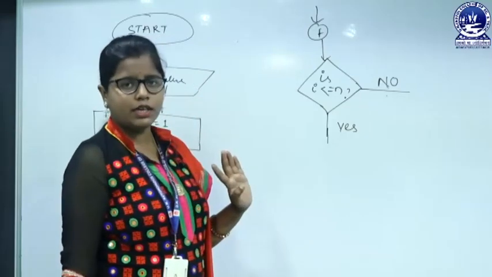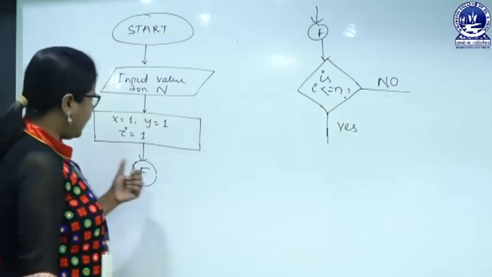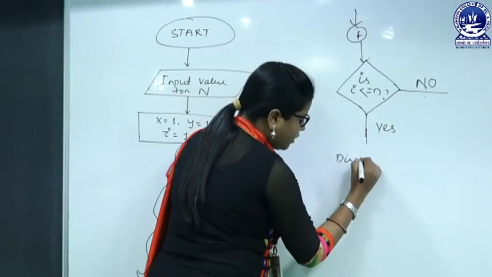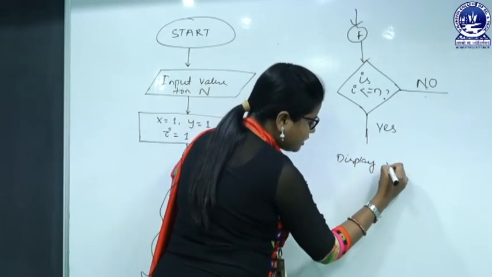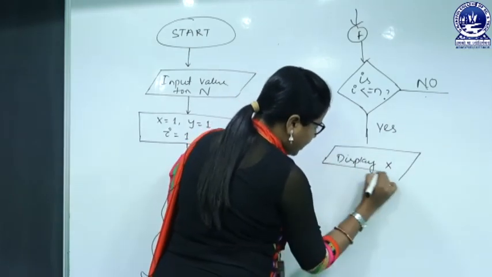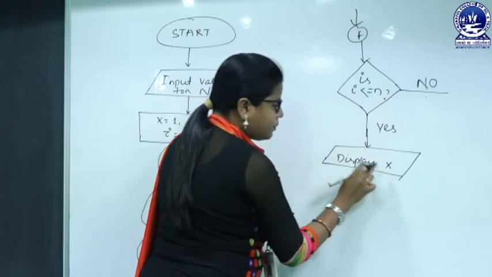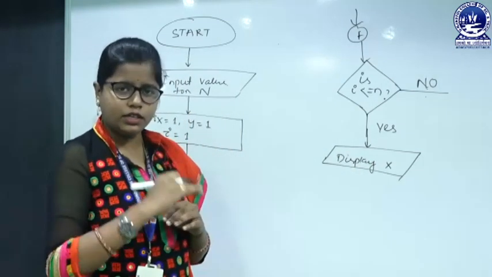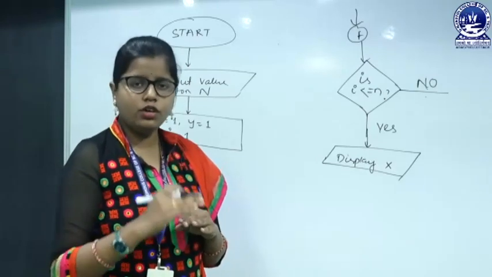So what will be the yes path? We have to print the x value. For displaying the x value, we need to place this display x, that means this output statement, into the parallelogram. Then after displaying the x value, we need to move the y value into x and the z value into y.